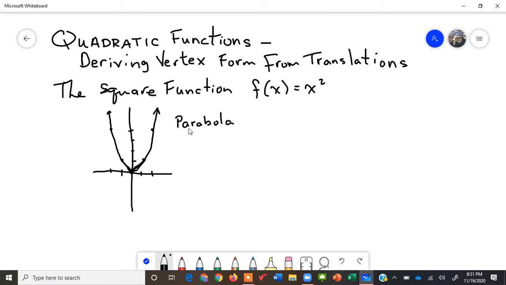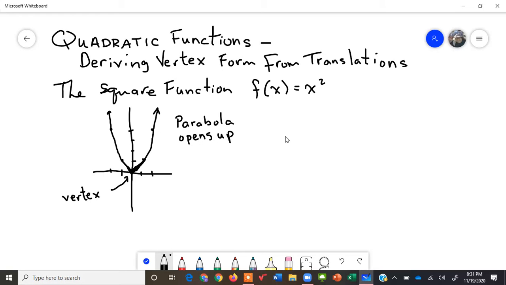This parabola, we say, opens up because the arrows are pointing up, and that's where it is open. The lowest point, right here, the point 0, 0, is called the vertex. So the vertex is the lowest point on a parabola that opens up.